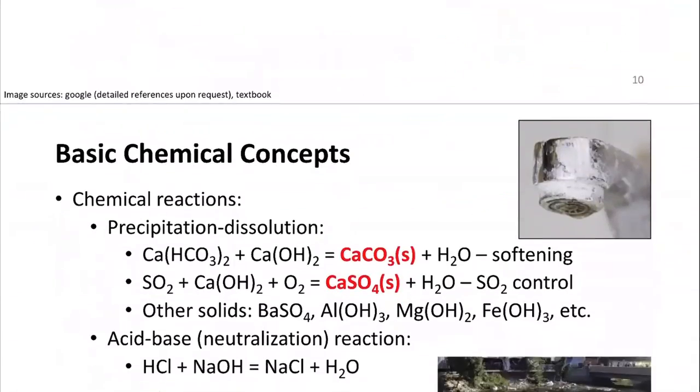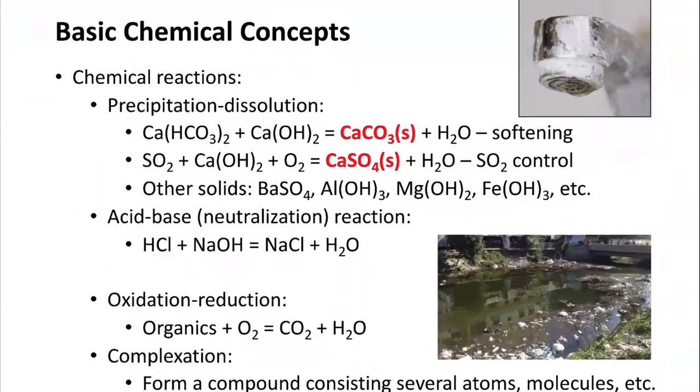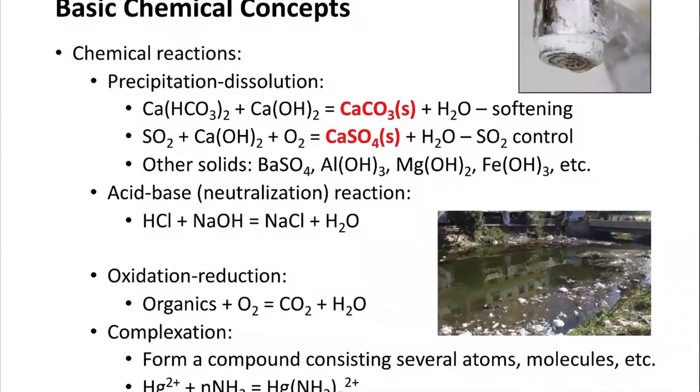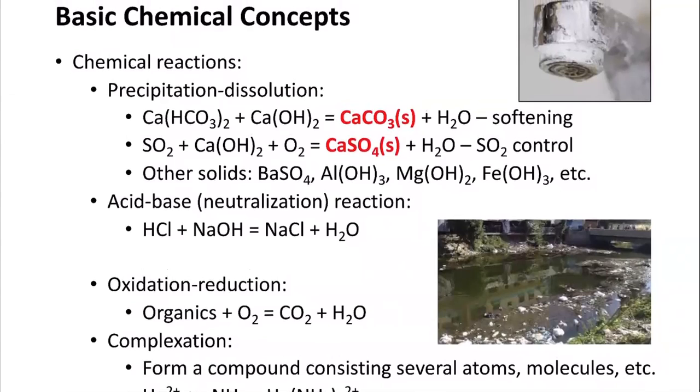So unfortunately, we have to go through a lot of these reaction processes. If you feel that we're going through too quickly, just let me know, okay? Regarding chemical reactions, there are generally 4 types of them, and we're mainly dealing with 3 types of them in our class, okay?